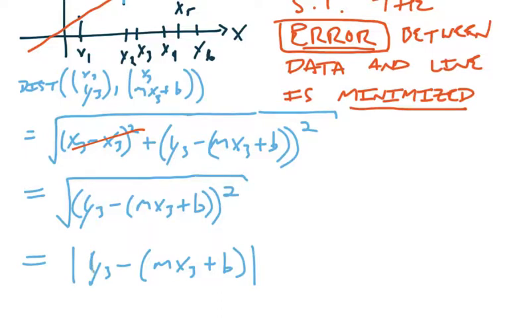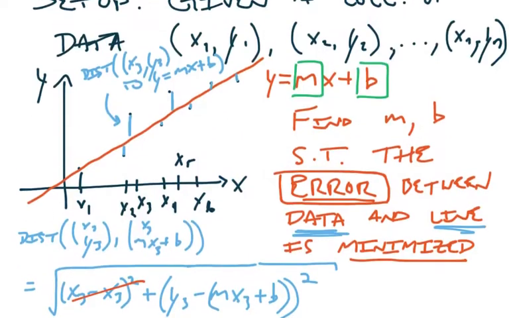Now, this would be your error just between the third data point and the line, right? So remember, what we're trying to do here is minimize the error between all of the data and the line. Not just one data point, but the entire data set and the line. So what this means is that we're going to have a different amount of error, which we've already seen, right?